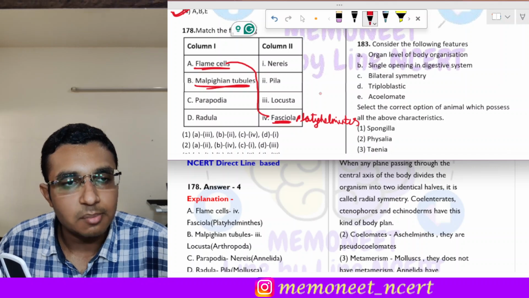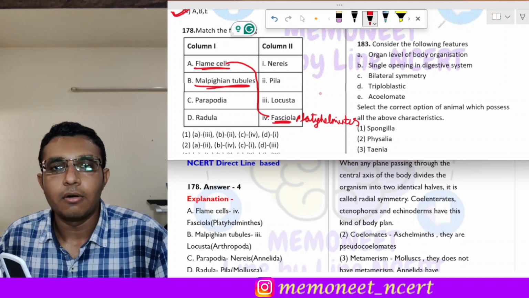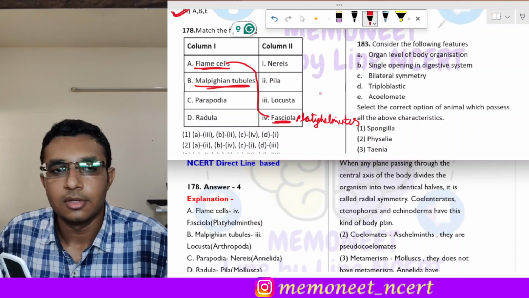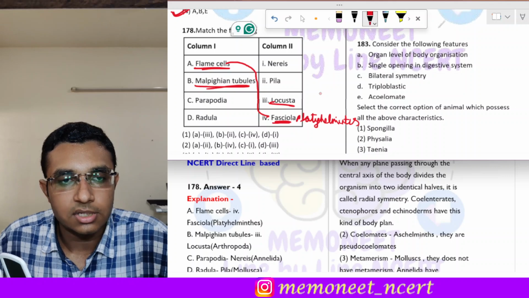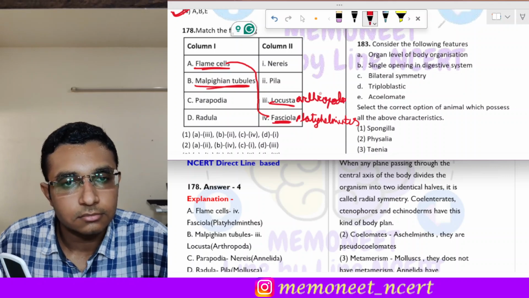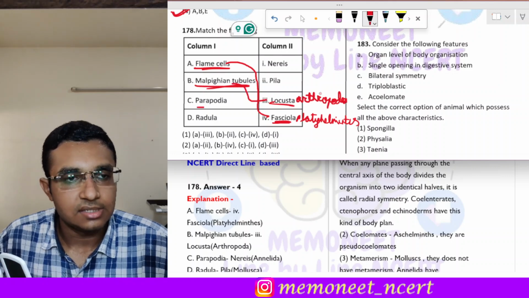Then B is Malpighian tubules. Now Malpighian tubules are the excretory organs in the insects, or the arthropods. Which is the arthropod among the following? It is the Locusta. So Locusta belongs to arthropoda. So B goes with 3. Then C is parapodia.